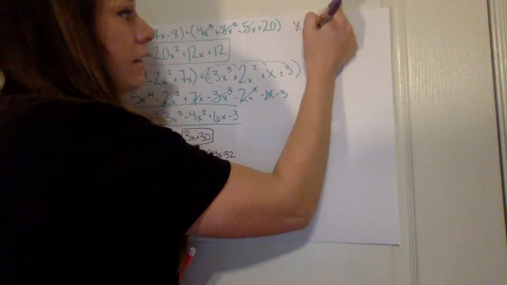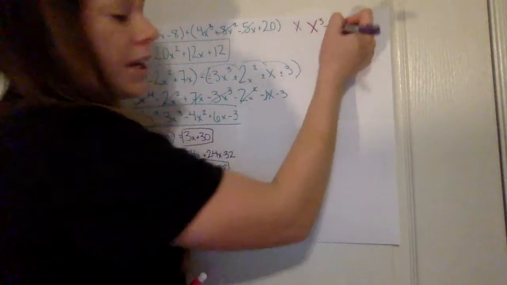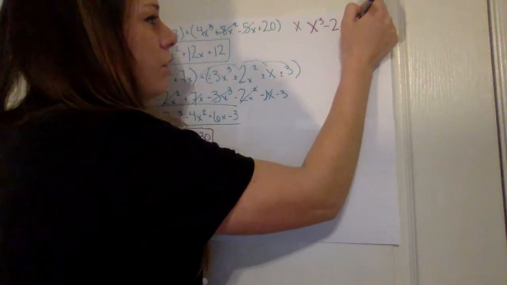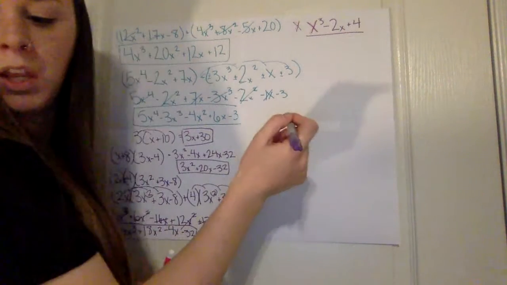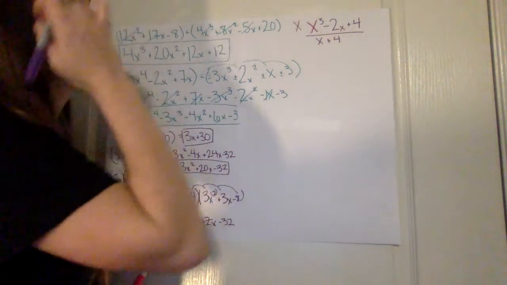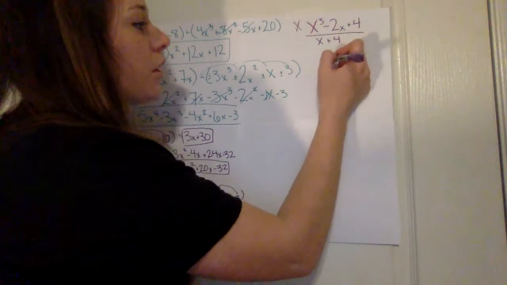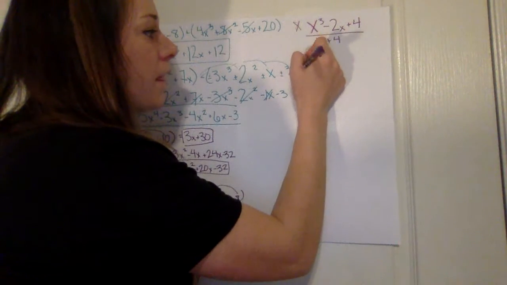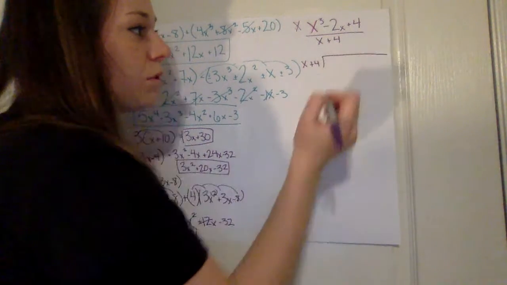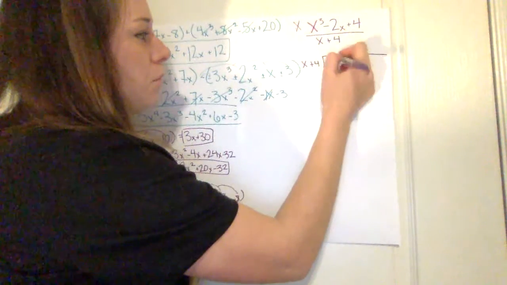Okay, x cubed minus 2x plus 4 divided by x plus 4. So to write this in long division form, you're going to do x plus 4 goes into x cubed.